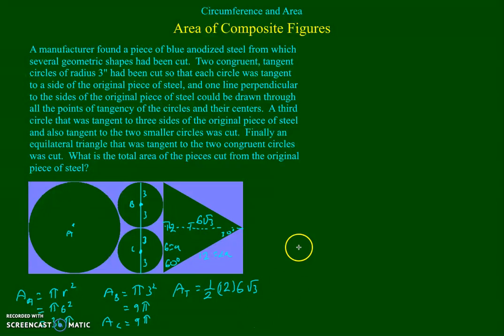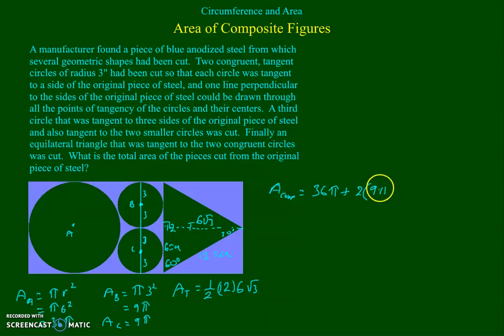Now to actually calculate the total composite area, we know the area of our composite is going to be the area of A, 36 pi, plus area of B plus area of C, which is 2 times area of B, either way.